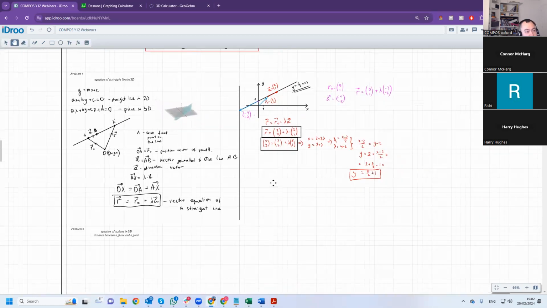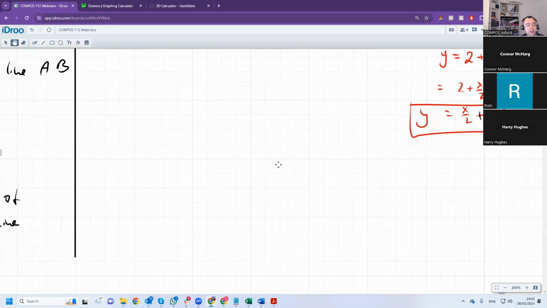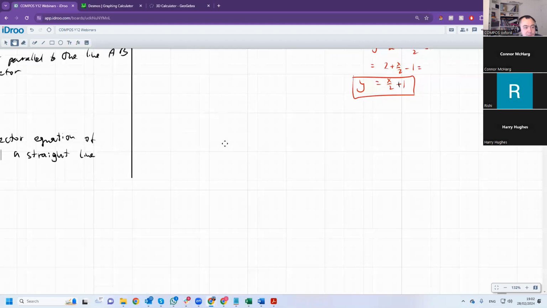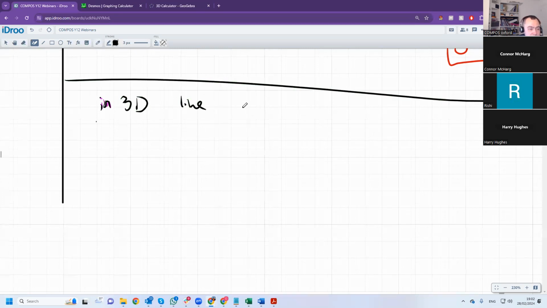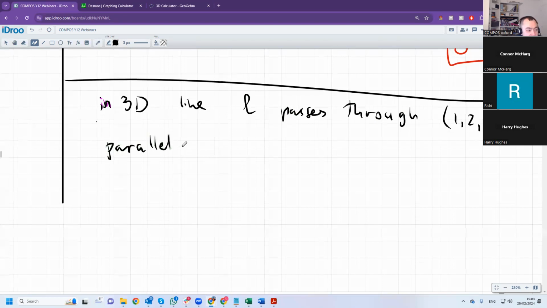Now in 3D, it's the same thing. To obtain an equation, let's say you have a line in 3D, line L passes through point (1, 2, 3), parallel to the vector a, let's make it (1, minus 1, 2).